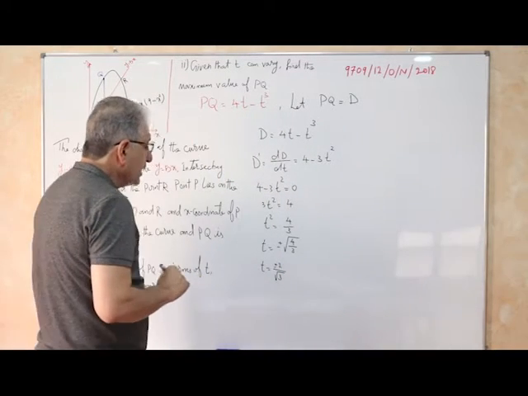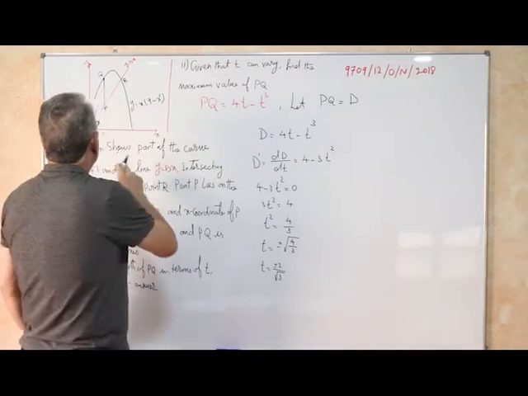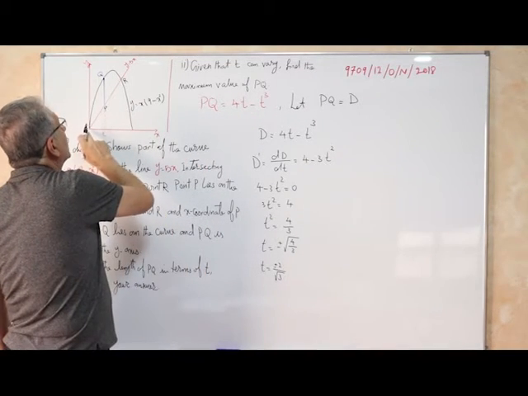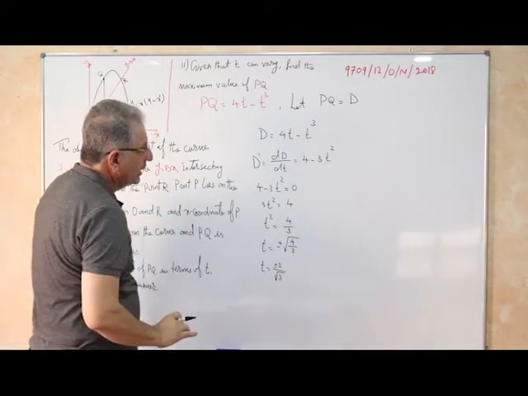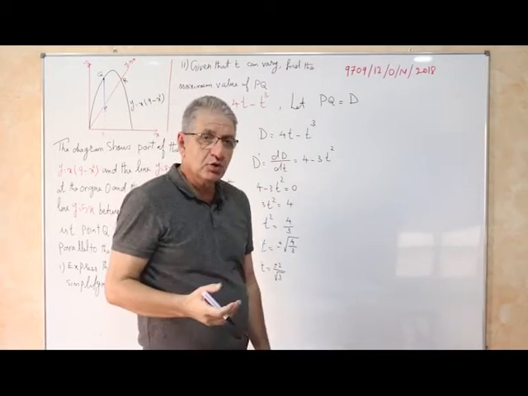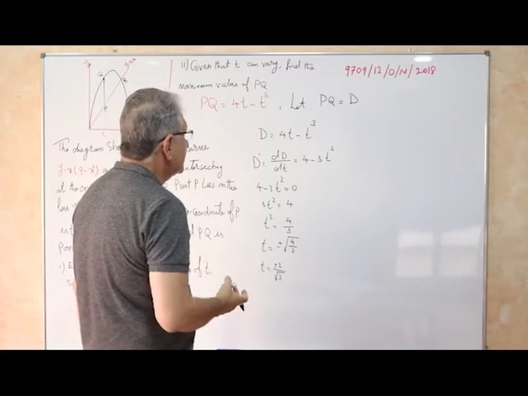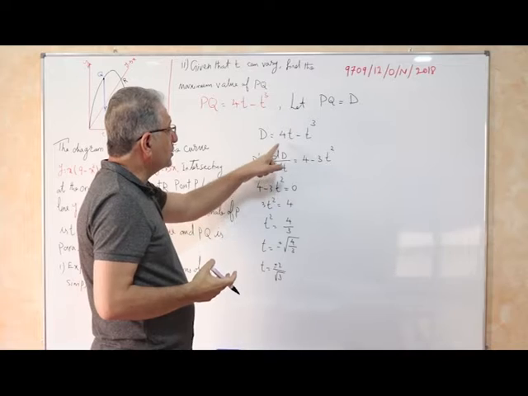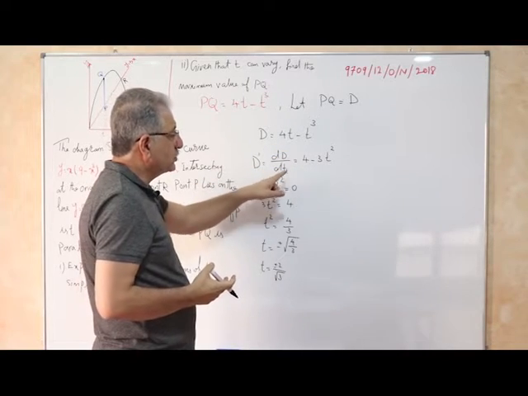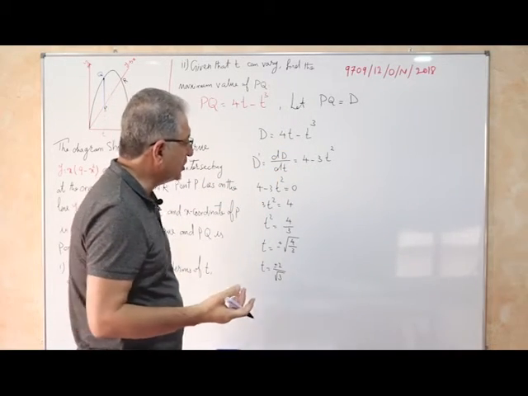For sure, t cannot be negative because t lies between O and R, therefore t is positive. And you can check that also: if you want to find the maximum value, the second derivative, that means d dash dash or d squared D by dt squared, should be negative.